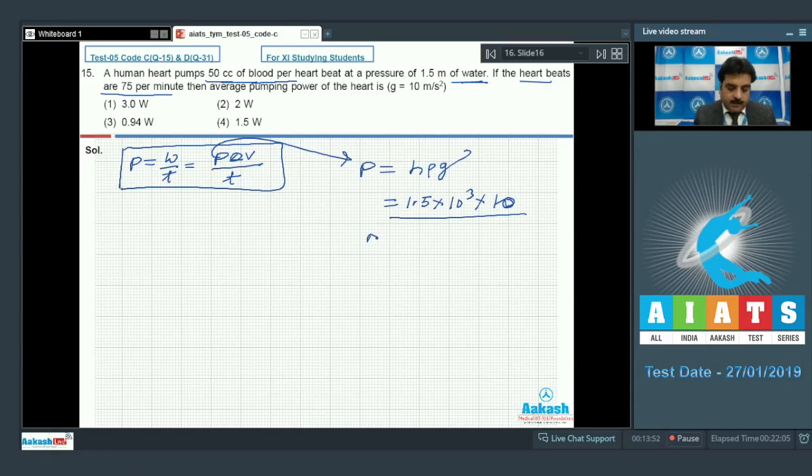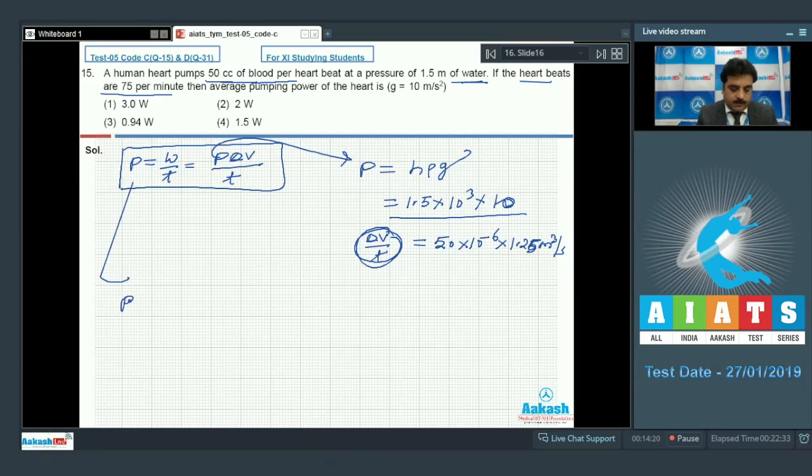Second thing, I need delta V upon T. So 50 cc of blood, I will write here 50 into 10 to the power minus 6 into 1.25 meter cube per second. So this is the value of dV over dt.